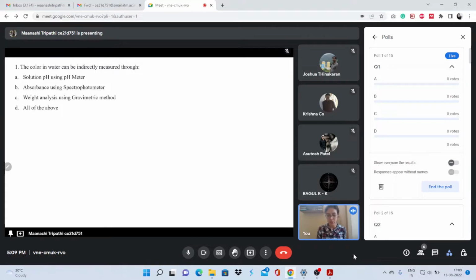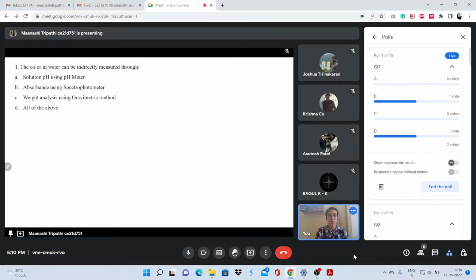So the first question is: the color in water can be indirectly measured through solution pH using a pH meter, absorbance using a spectrophotometer, weight analysis using gravimetric methods, or all of the above. As I've already told, color is a physical water quality parameter that we can see and touch.